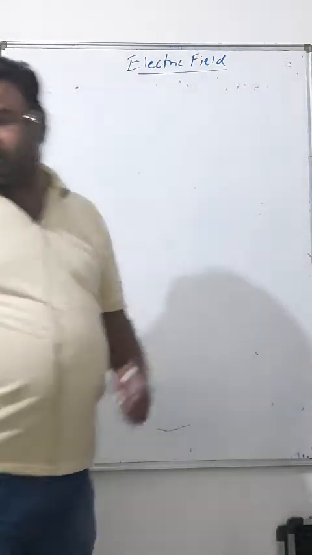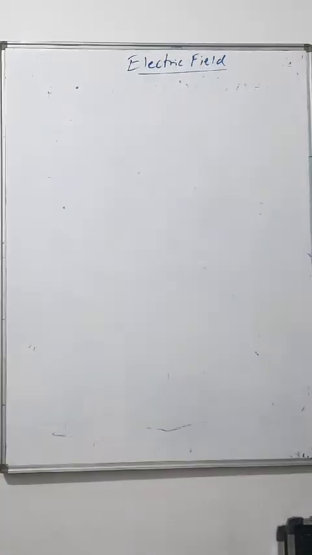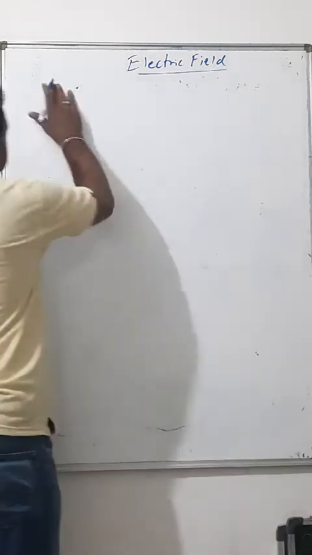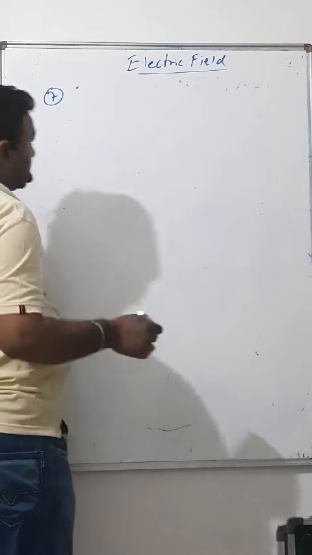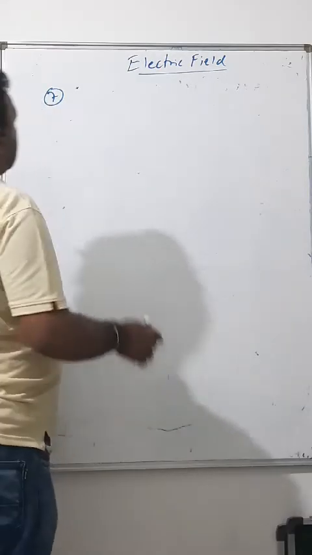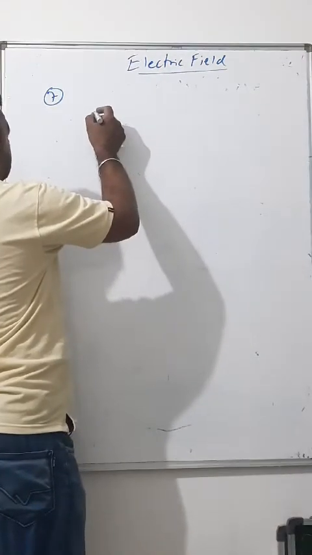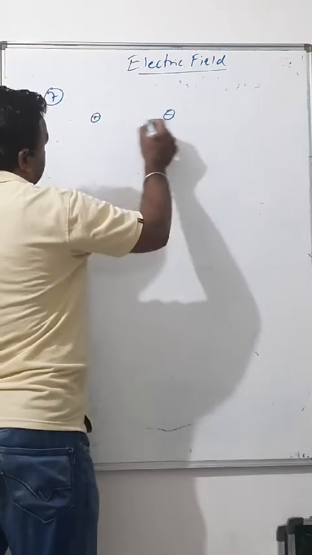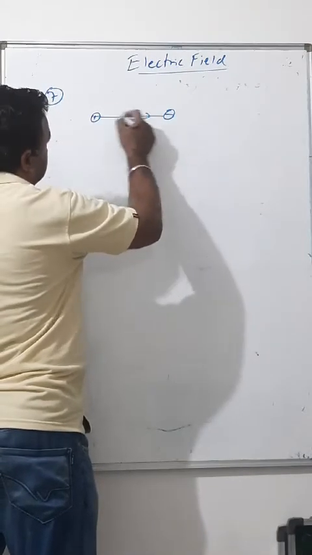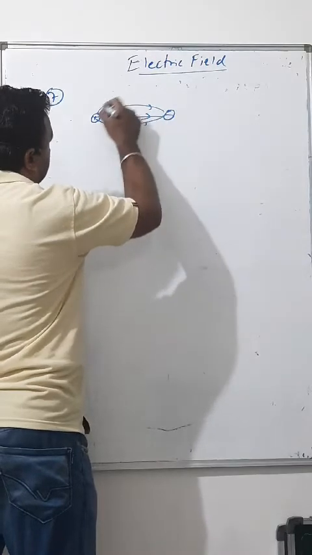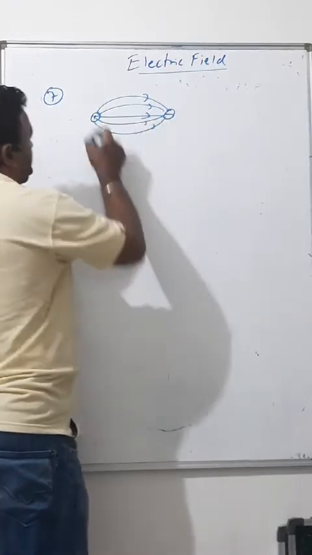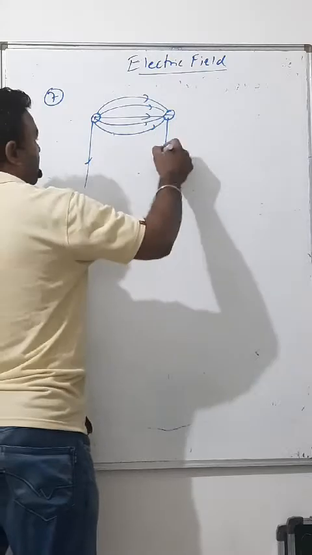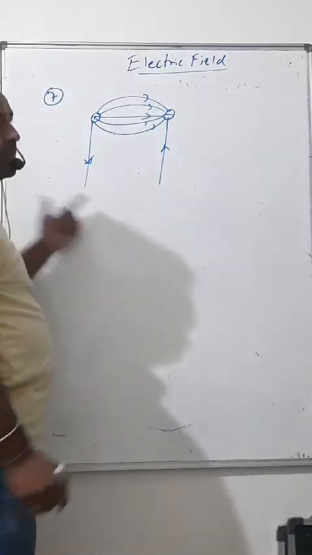Further, the last one: electric lines of force. If I form this like this is positive, this is negative, and these lines terminate here, and as I draw these lines, they are supposed to be coming from infinity.